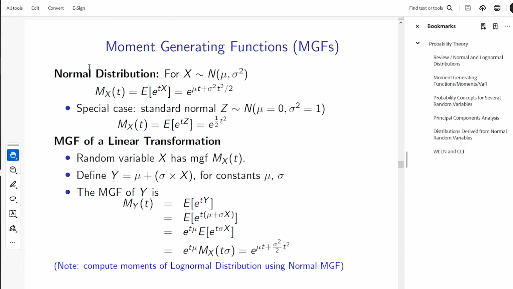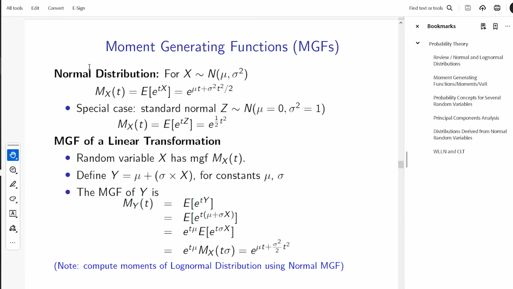Now, if we think about transforming a random variable X with a linear function, basically rescaling X by sigma and adding a mu, then the moment generating function of that transformation of X to Y is equal to the exponential of t mu times the moment generating function of X evaluated at t sigma instead.